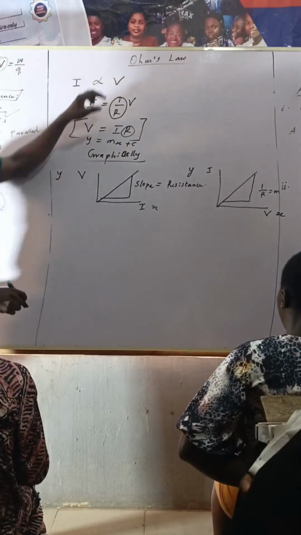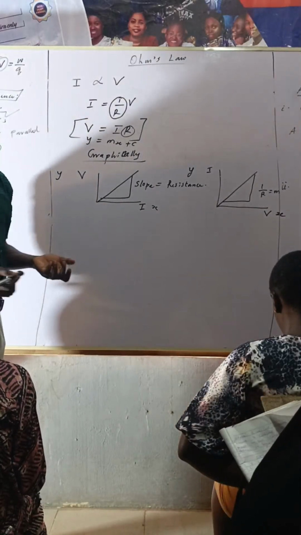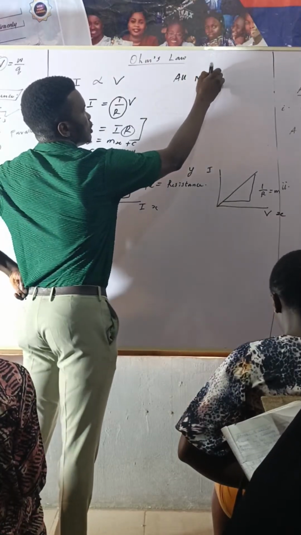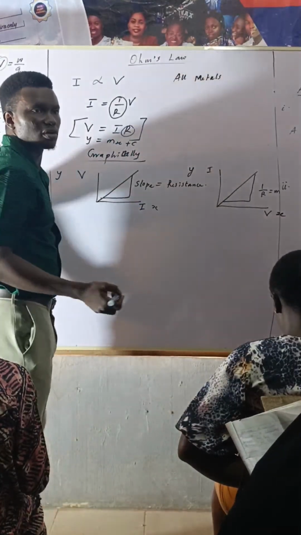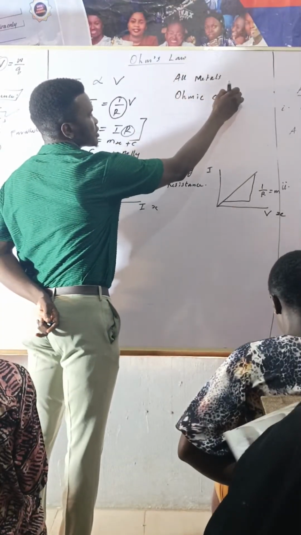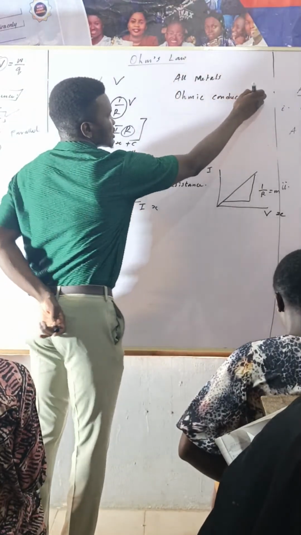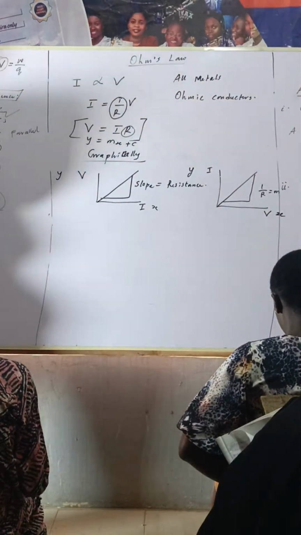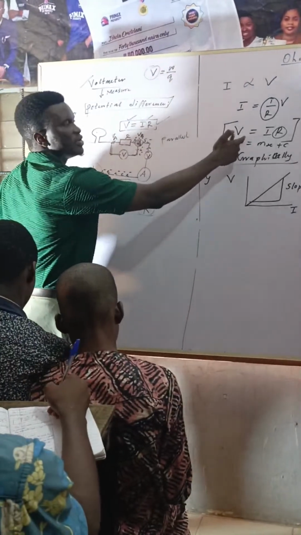Now, most materials that obey Ohm's law are usually your metals. Metals obey Ohm's law, and metals are usually called ohmic conductors. So now, come back to this place. Ohm's law said that V is equal to IR.